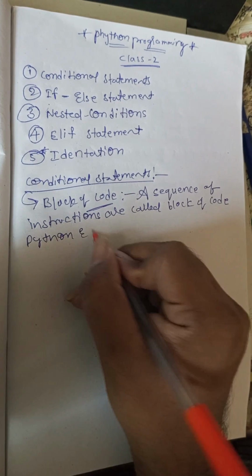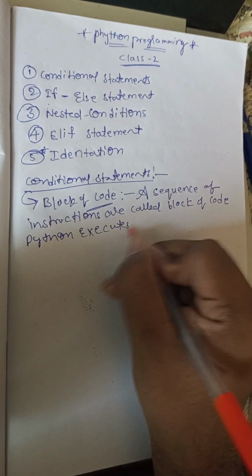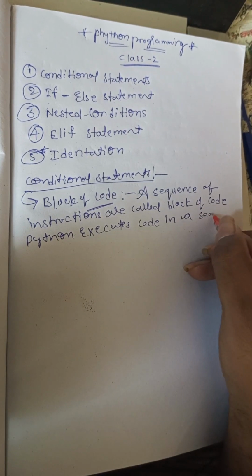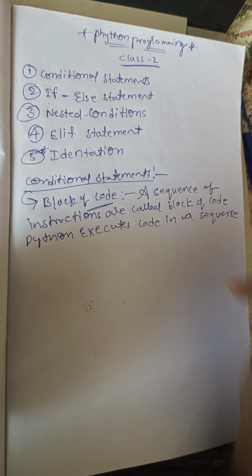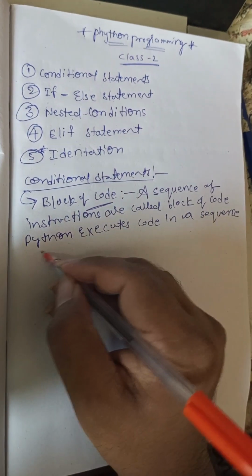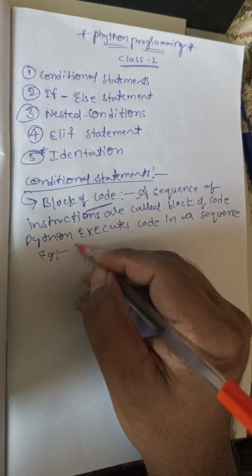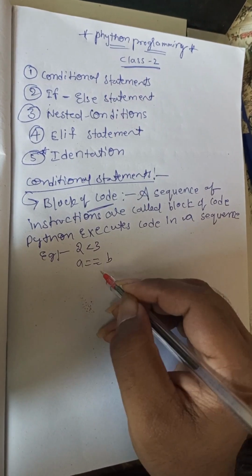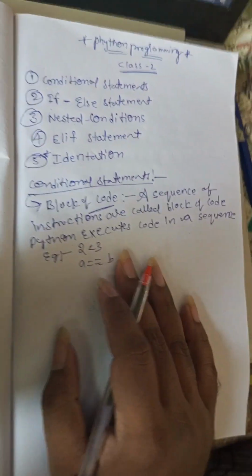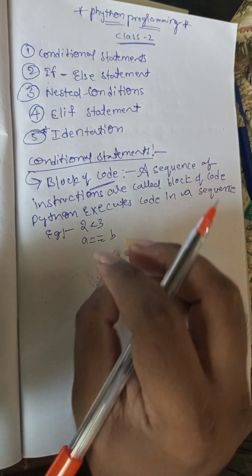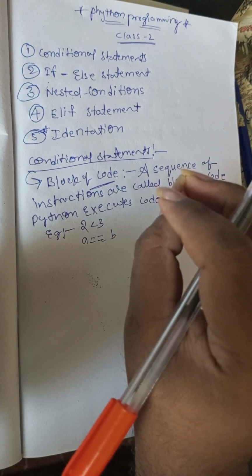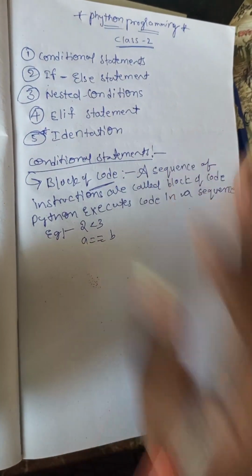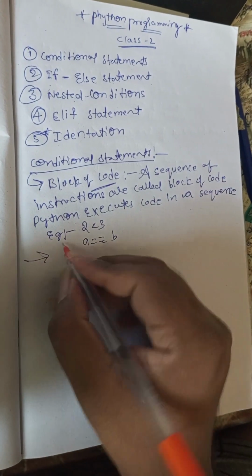Python executes code in a sequence. Example, we have taken 2 is less than 3, a equal to b, in this way. So these conditional statements allow to execute a block of code only when a specific condition is true. This is the main point.